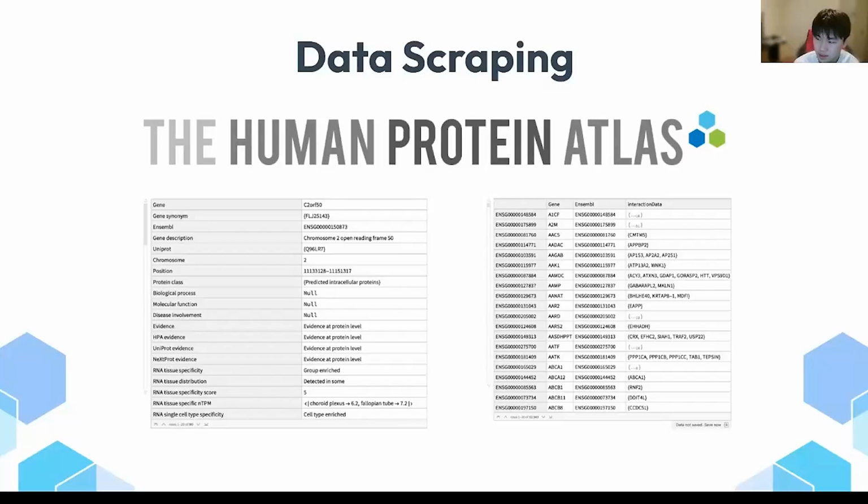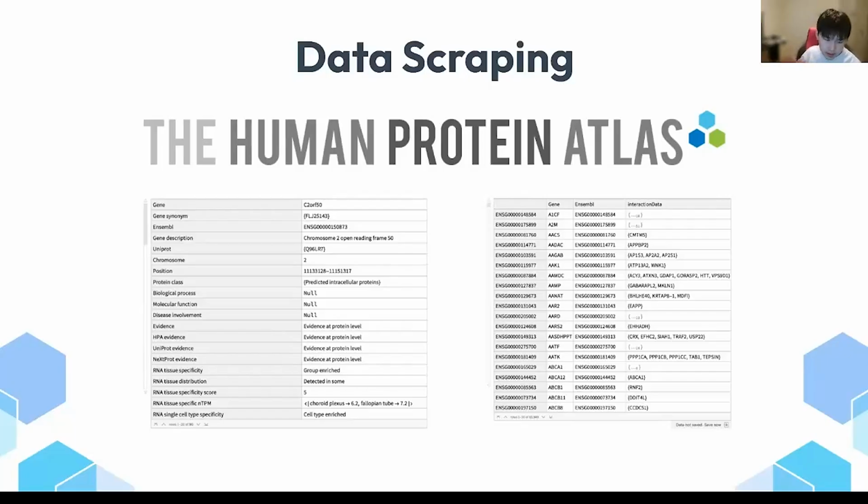On the left, you can see an entry for the gene C2orf50. This was a gene selected at random, and you can see some of the information that the Human Protein Atlas provided here. One of the most important values here is the Ensembl ID, which is one of the 90 attributes.